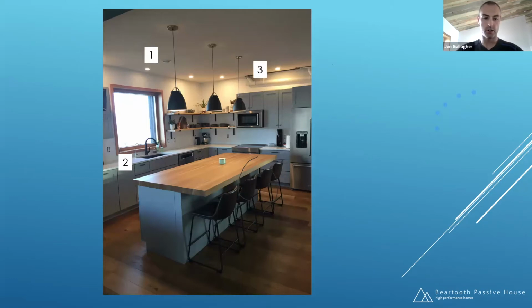All right, here's your kitchen quiz. So this is our kitchen as of this morning, and feel free to answer whichever you think may be the correct answer in terms of what looks out of place.